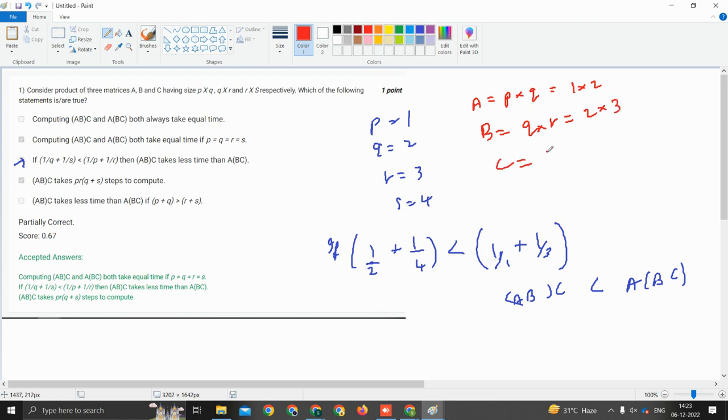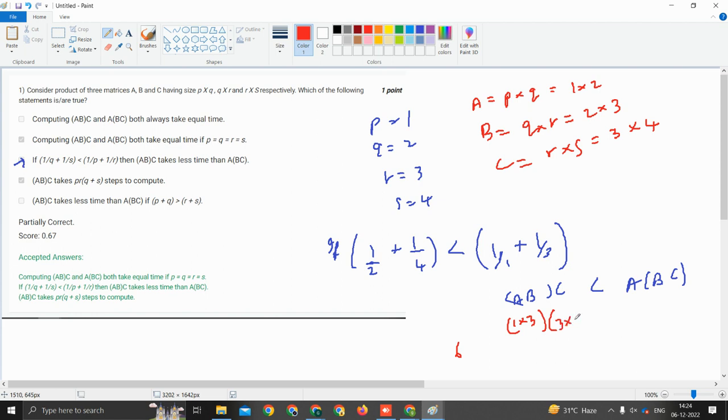C matrix is 3 cross 4. So what is AB? Let's compute the computation: 1 into 2 into 3, which is 6. The AB matrix is going to look like 1 cross 3.